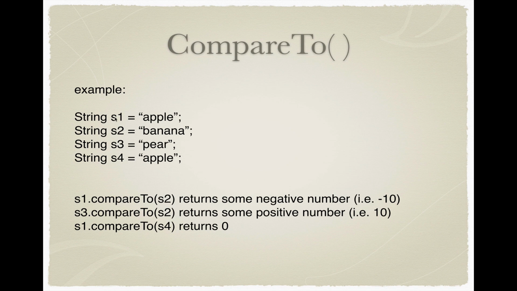In the second example, pear comes after banana in the dictionary. So pear comes after banana, and that's going to give some sort of positive number. We're not sure exactly what it's going to be, but it's going to be a positive number. And S1 and S4 are the exact same string, so if I compare those, it returns 0 because it's saying, same thing.